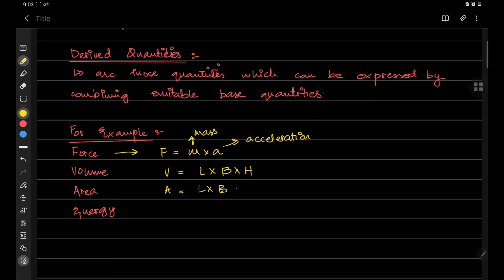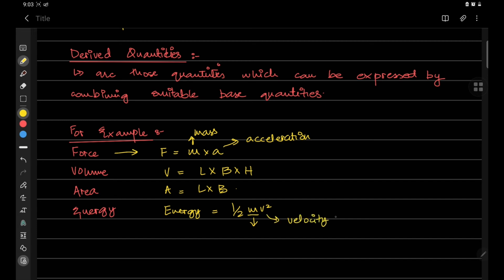Energy, once again, let's suppose we're talking about kinetic energy. There are different types of energy, obviously. We have strain energy, kinetic energy, potential energy and so on. So for kinetic energy we have half into mv square, where m is the mass and v is the velocity.